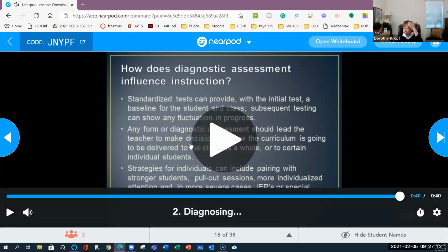All right, so yeah, the teacher gets the results and is supposed to adjust instruction. A lot of students ask, how do you adjust that instruction? It depends on the grade level. What I used to do a lot is, like he said, you pair a really quiet student with somebody who's so assertive.